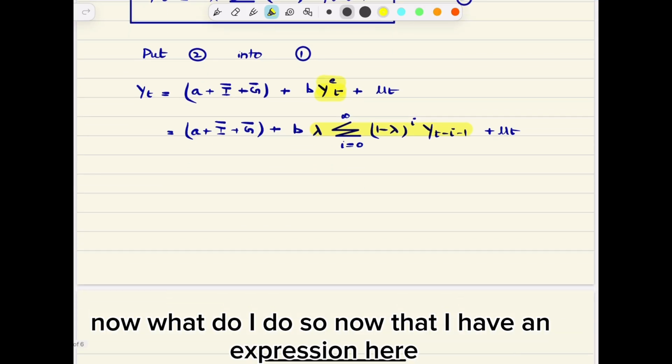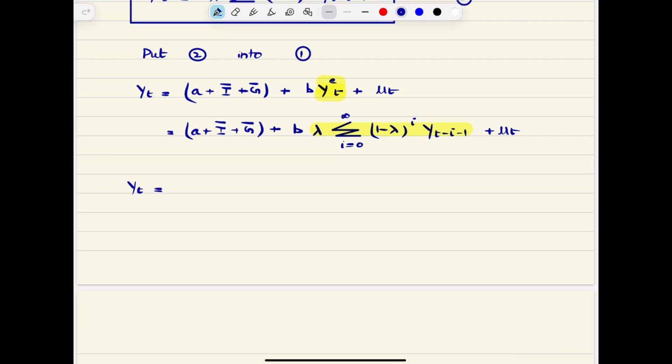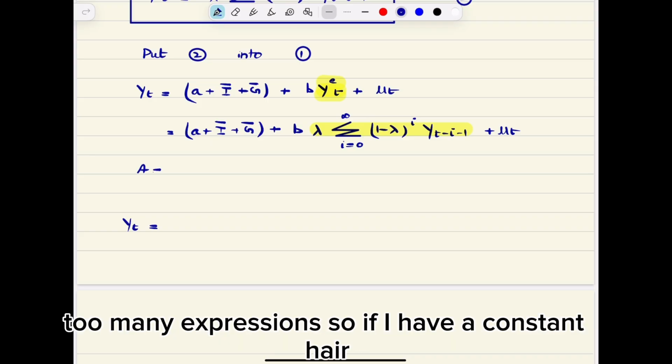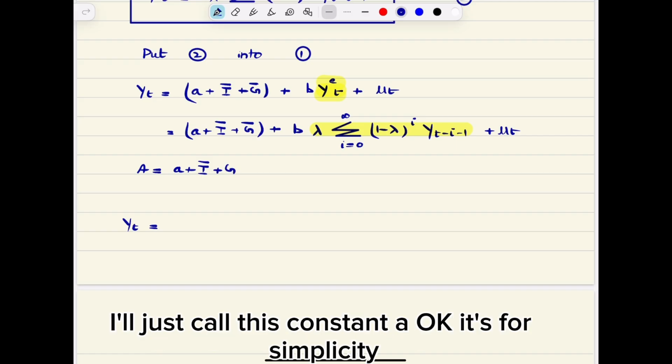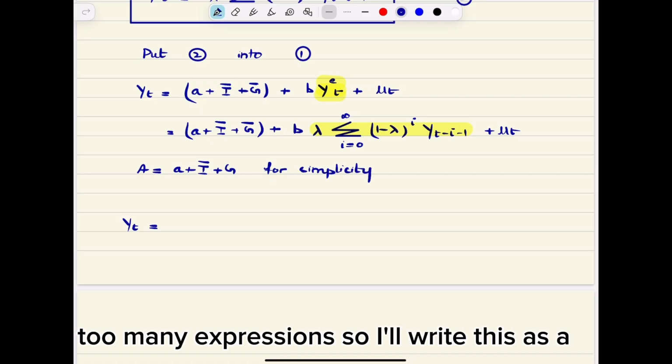So now that I have an expression here, let's just write it down. For simplicity, I've always done this, I don't like having too many expressions. So if I have a constant here, I'll just call this constant A, for simplicity, because I want to avoid too many expressions.